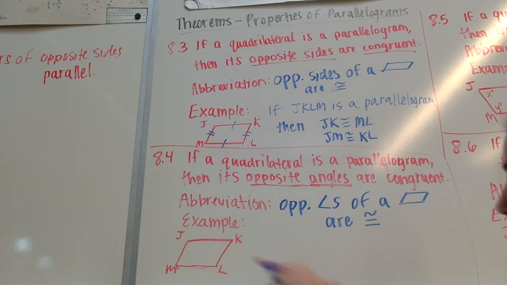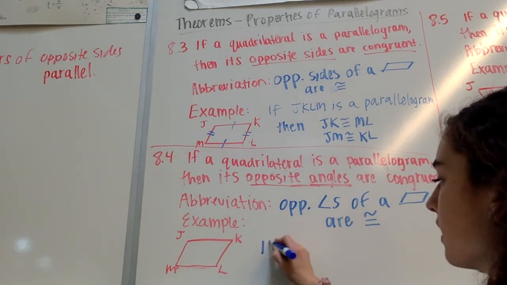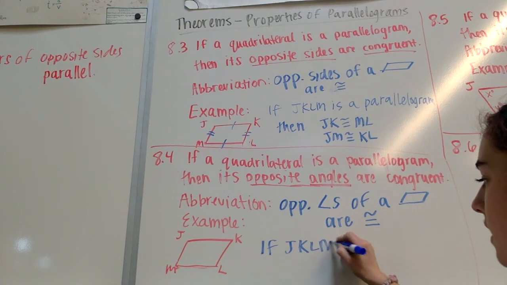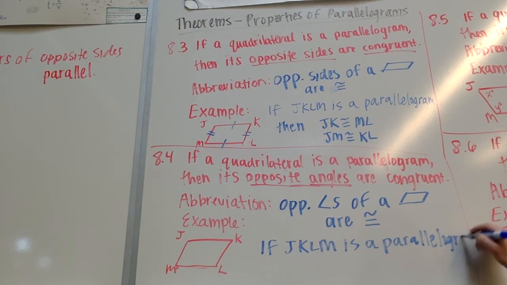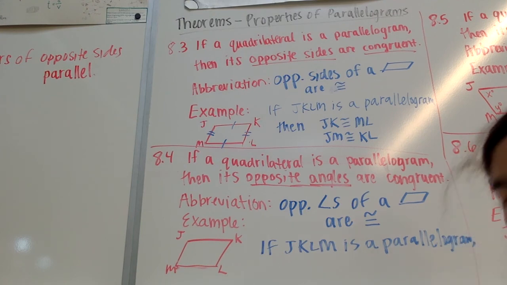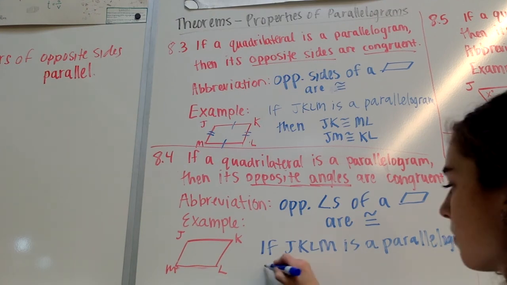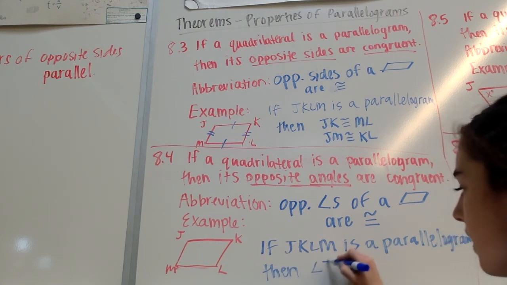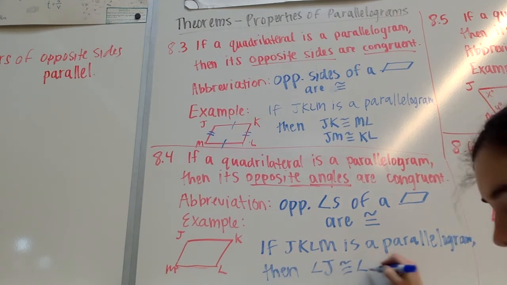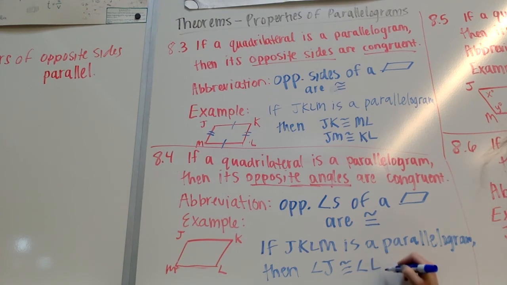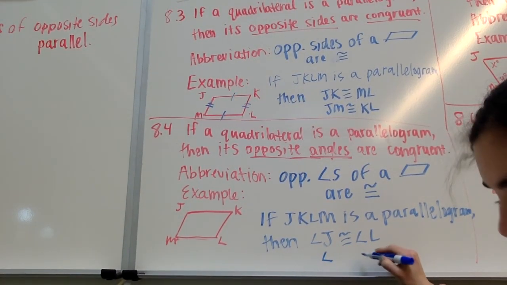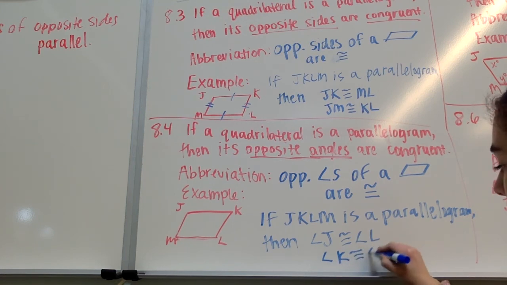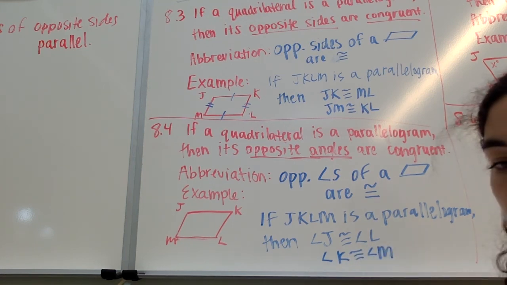All right, so then the example here, here's the drawing, and we're going to write, same thing, if JKLM is a parallelogram, then angle J is congruent to angle L, and angle K is congruent to angle M. And then we need to show that on the picture.